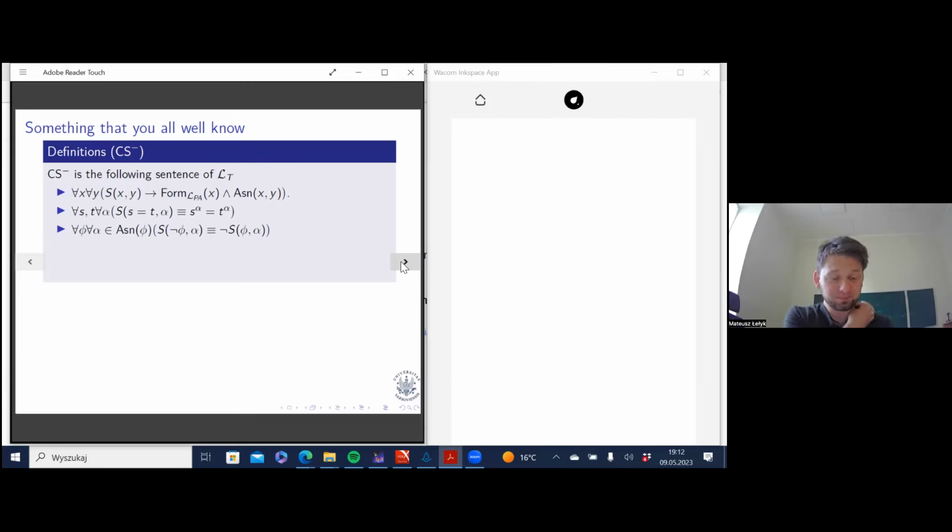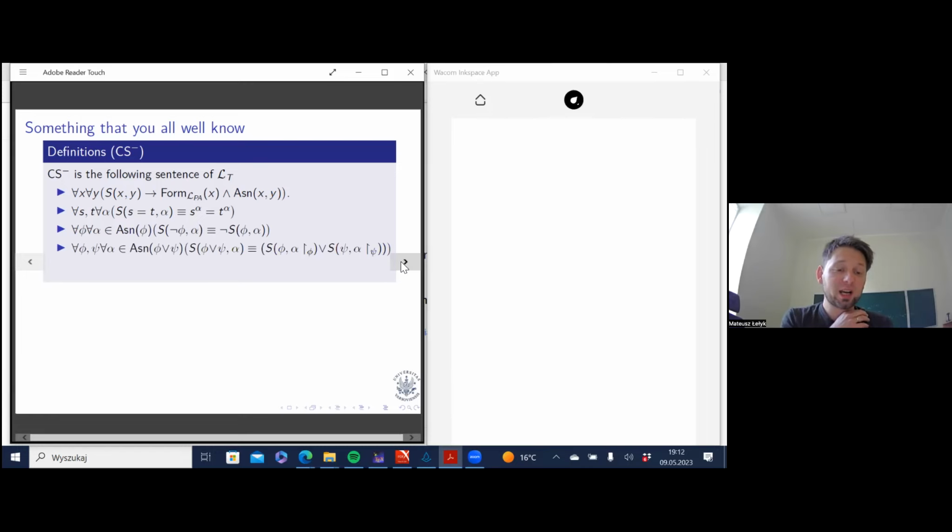The next says that not phi is satisfied by an assignment alpha if and only if phi is not satisfied by the assignment alpha. A disjunction is satisfied by an assignment alpha if and only if one of the disjuncts is.